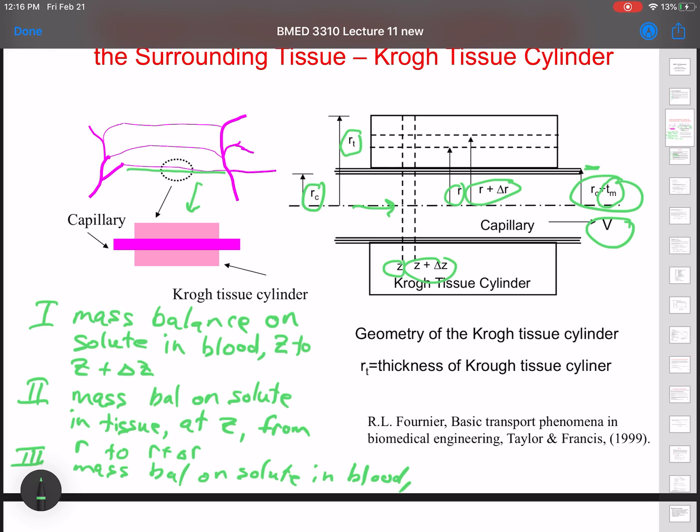The only difference is we're going to go from 0 to some value of Z. It's exactly the same as the first one, just going from 0 to Z. And basically what this is doing is giving us a boundary condition. Yay, boundary conditions.